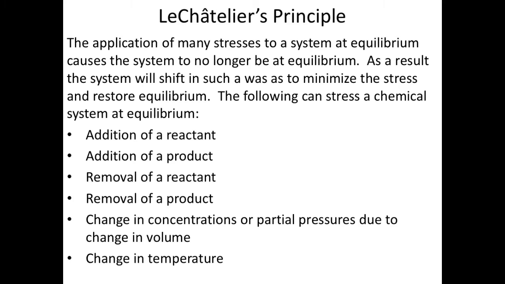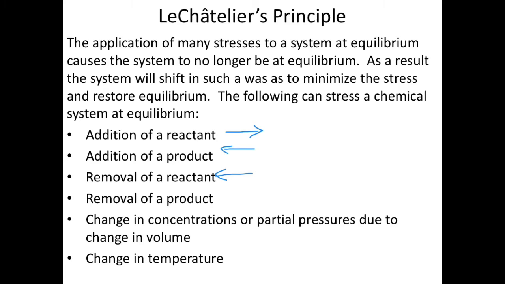The addition of reactant puts pressure on and causes the reaction to move to the right to produce more product and to reduce stress. The addition of product causes the reaction to move to the left to reduce stress. Removal of reactant causes the equilibrium to shift left to reduce stress.